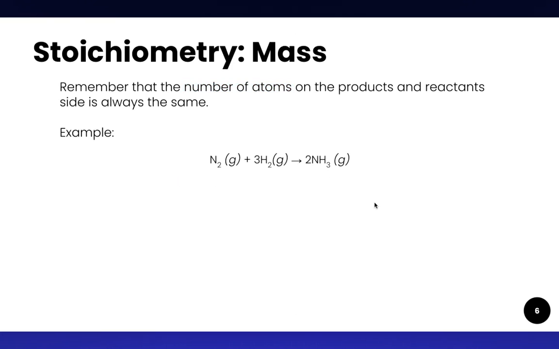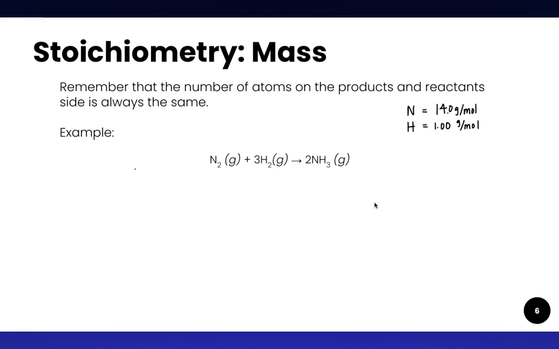And finally, mass. So remember that you can find the molar mass of any atom from the periodic table. So I'm going to write down the molar mass of the 2 atoms that we're using in this equation. Since these are calculated using grams per mole, we're going to start out with the number of moles. So we have 1, 3, and 2.